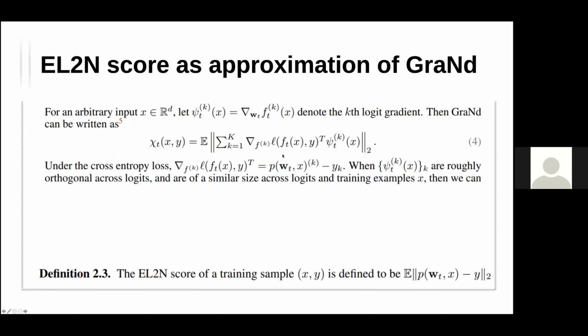Okay. And then the second, the EL2N score, is an approximation of GraNd. So first you can expand the GraNd score into this form. Can you interpret it a little bit?